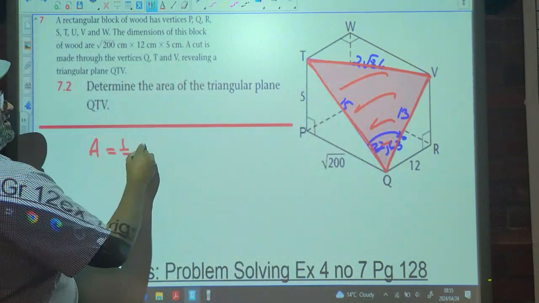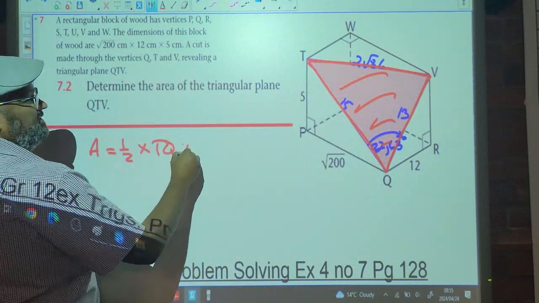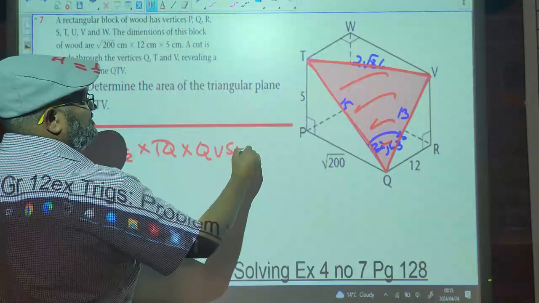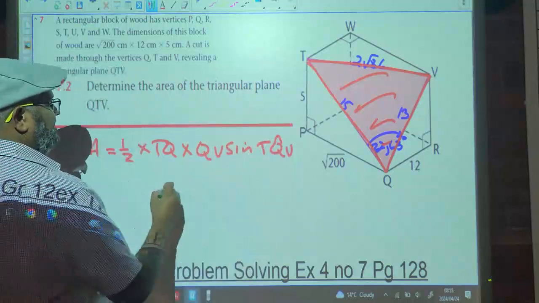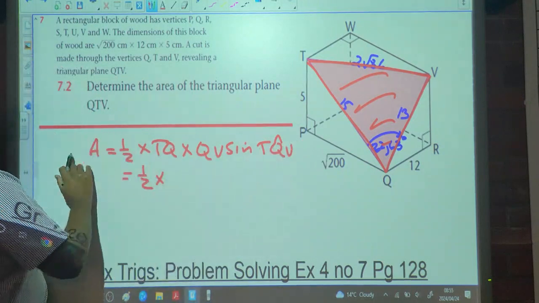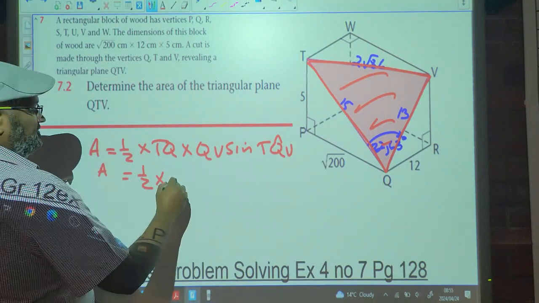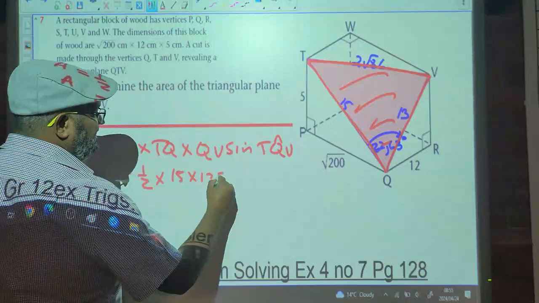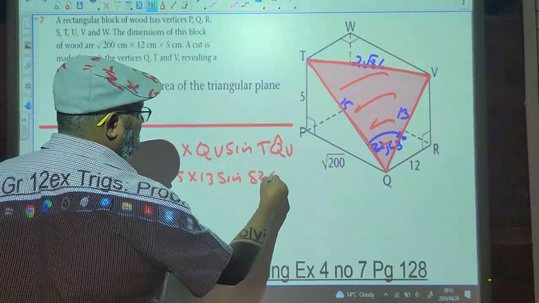So the area is going to be half TQ times QV sine of TQV. So it's going to be half. Do I need to write the story out here? No. It's going to be half times 15 times 13 sine of 82,63.